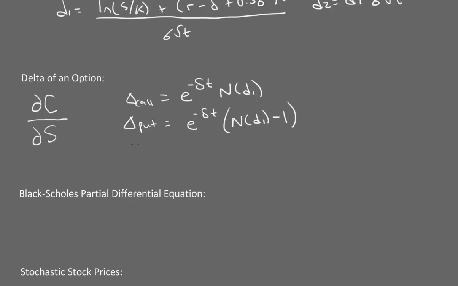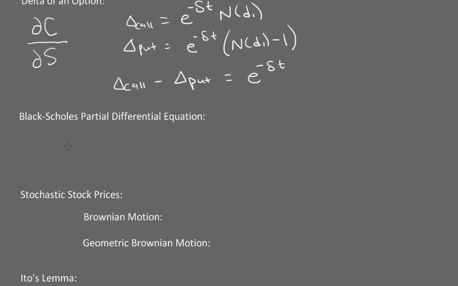Now we do have a handy relation with these two deltas. The delta of a call minus the delta of a put is equal to e to the negative delta t. Now if delta is 0, the stock doesn't pay dividends, and that means the delta of the call minus the delta of a put is equal to 1.